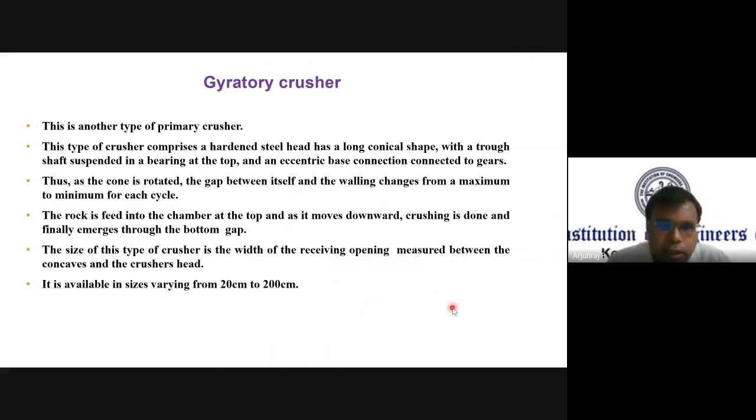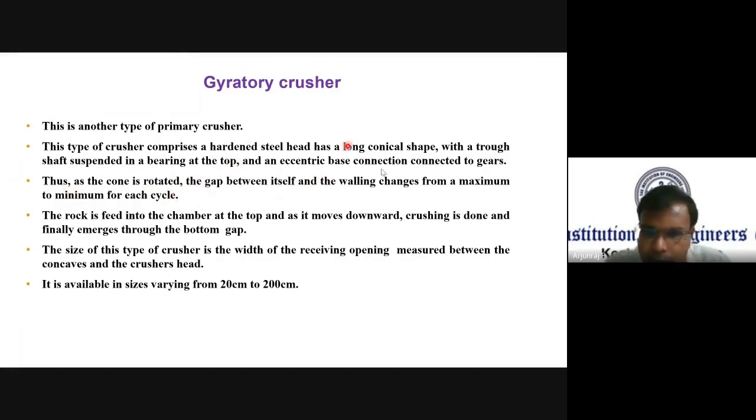The next important crusher is the gyratory crusher. This is also another type of primary crusher. This type of crusher comprises a hardened steel head with a long conical shape, with a shaft suspended in a bearing at the top. It's similar to what we have seen in the jaw crusher in the previous slide.